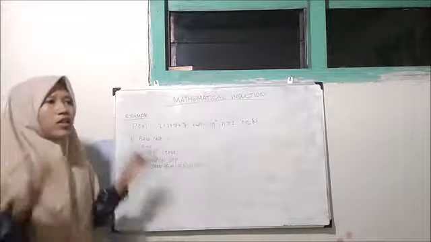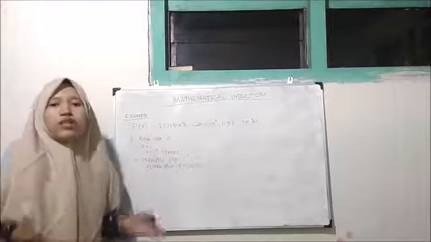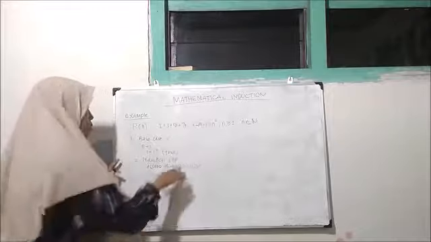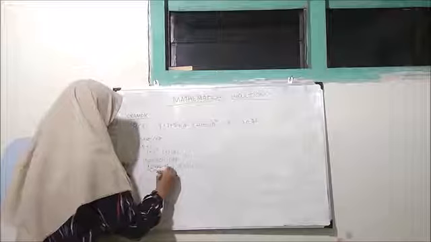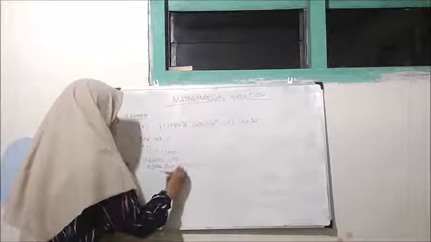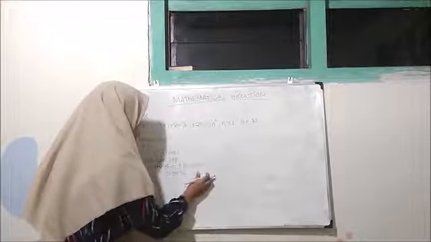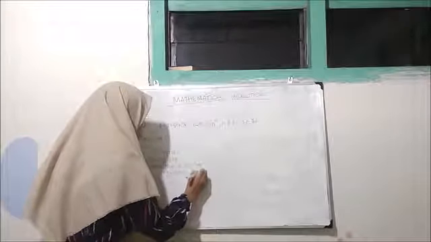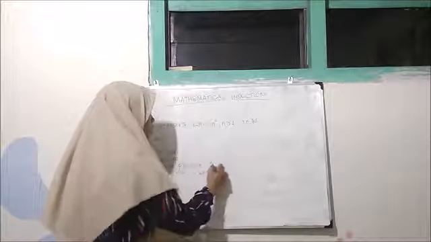Then we will use this assumption to show that Pk plus 1 is true as well. So Pk is true, we get 1 plus 3 plus 5 plus 7 and so on until 2k minus 1 is equal to k squared.